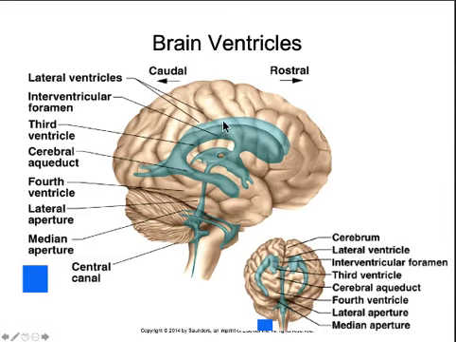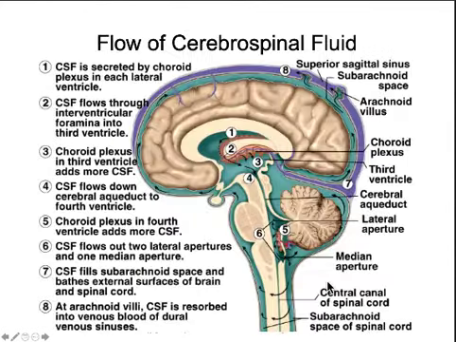Basically, we create CSF in each of these chambers at structures that are called choroid plexuses, okay? And then they flow from lateral to third, from third to aqueduct, from aqueduct to fourth, from fourth to central canal, and then out the median and lateral apertures to bathe the entire central nervous system, okay? And you can see the flow here, all right?